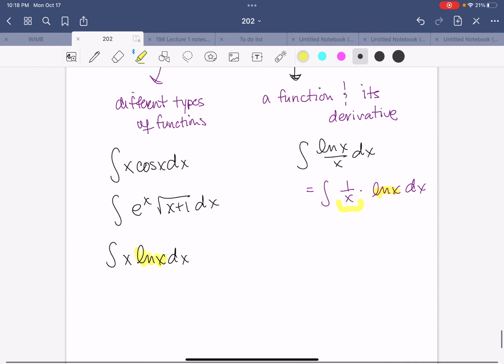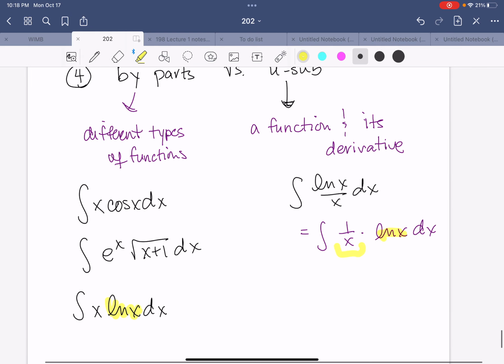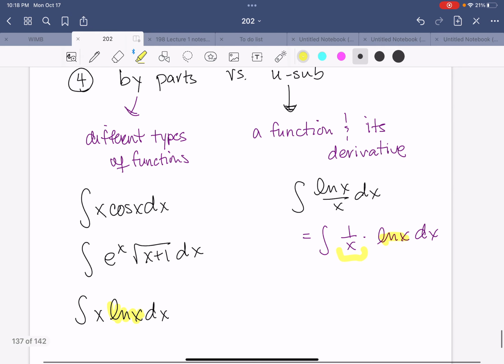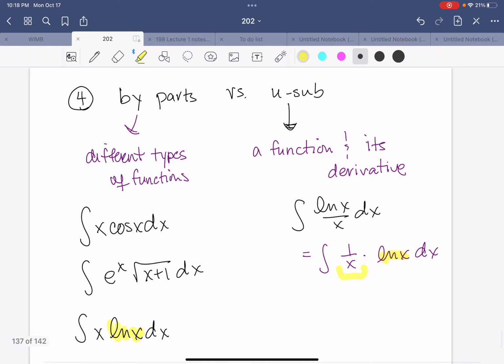You're going to have to go by parts. A lot of times I try a u sub, and if it doesn't work, then go by parts. Typically, when you're u subbing, you want to look for something with grouping symbols: something inside parentheses, under a square root, as the argument of a trig function or an e or an ln. Something that's inside something else. Or maybe the denominator of a fraction. You want to make those your u's.